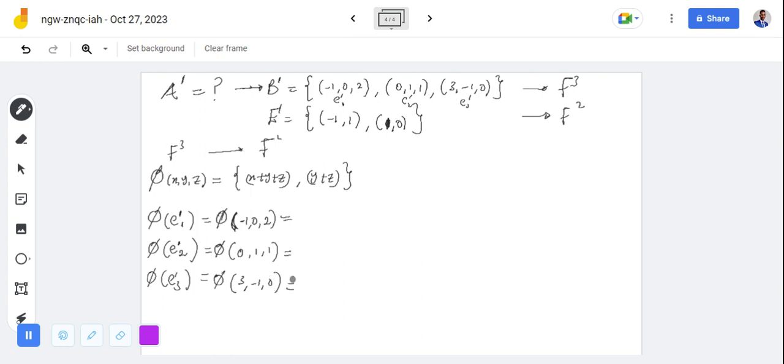So when you get to this point, you now use this definition. This is x plus y plus z. So now let's check what this is going to give us. What's x plus y plus z? This is a linear mapping. X is minus 1, y is 0, z is 2. On your calculator, you can just press alphabet x, alphabet y. There is no z on that calculator, so just use m.